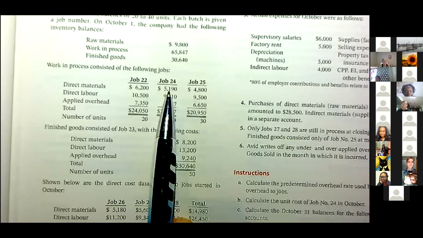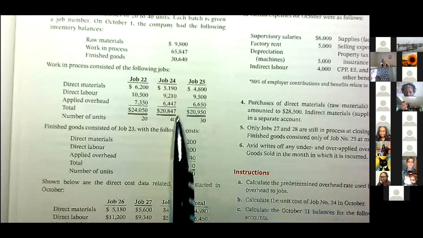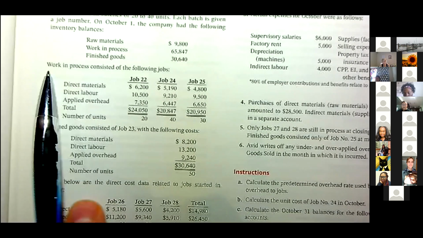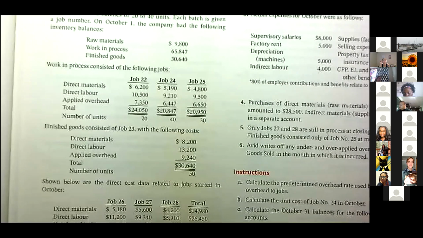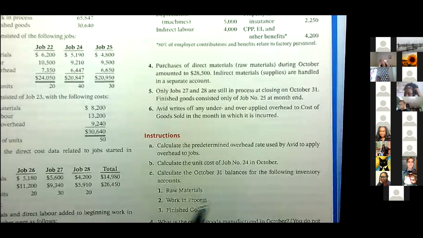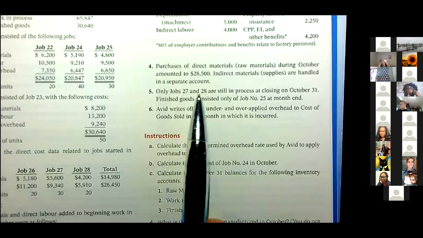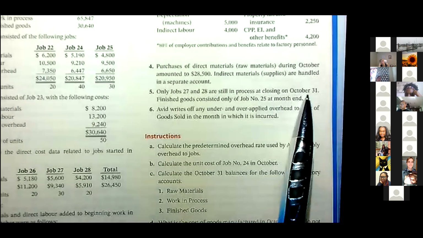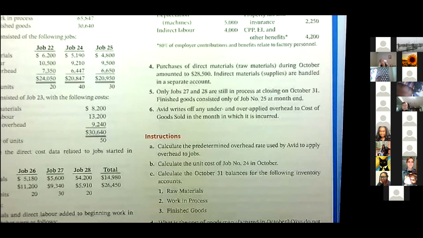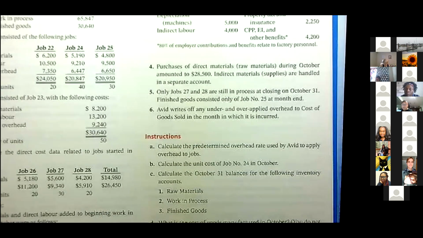But this information you have here is work in process, not finished jobs. We also know here, number 5, only jobs 27 and 28 are still in process at closing on October 31st. So this tells me that on October 31st, job 24 is no longer in the work in process. So that means on October 31st, job 24 is done, okay?